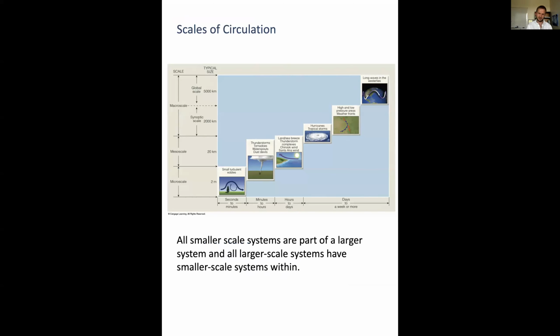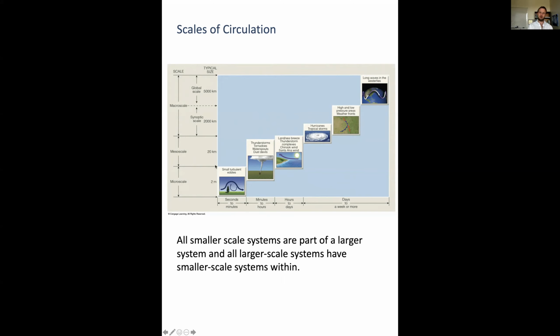If you look at this plot, this shows time on the horizontal axis and space on the vertical axis. Time goes from very short to very long, from left to right, and space from very small to very large, from bottom to top. These different patterns or scales of circulation exist within this parameter space, if you will. The smallest exist on the lower left, and the largest exist on the upper right.